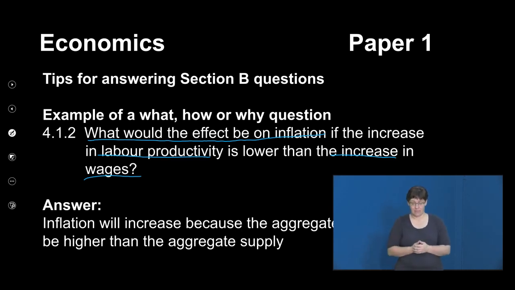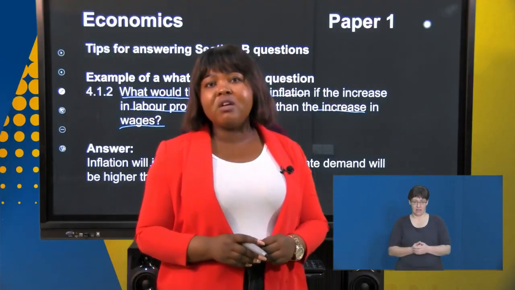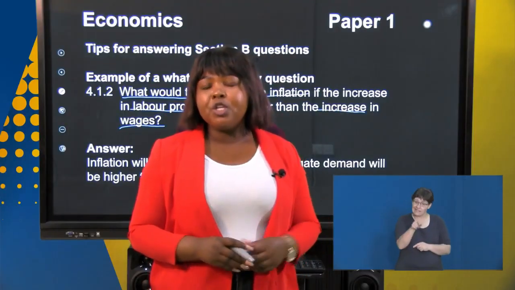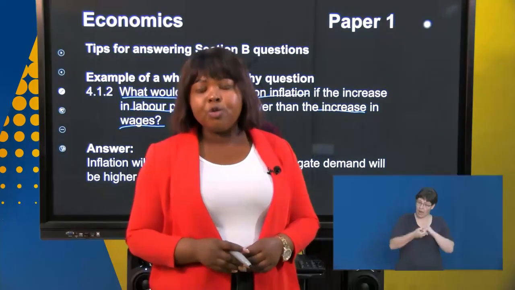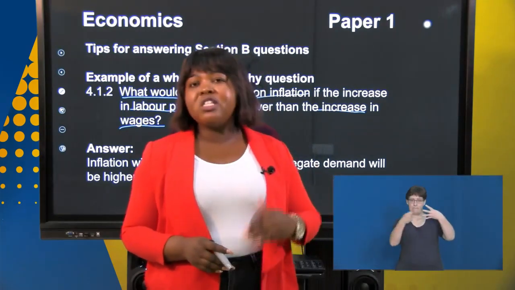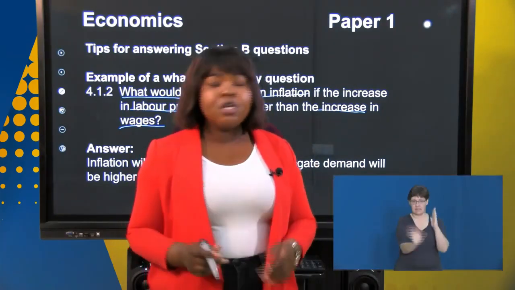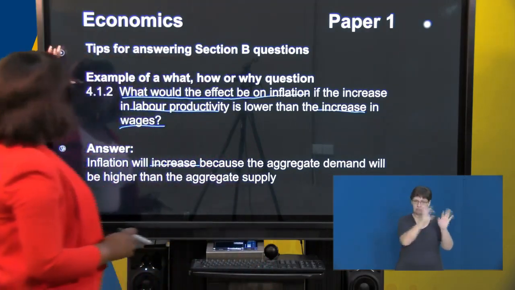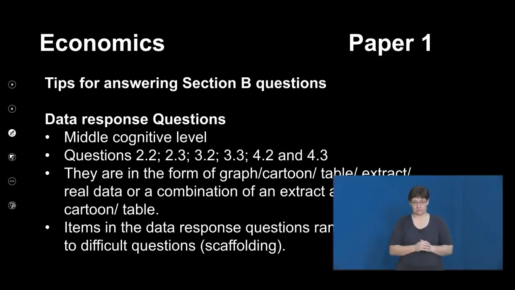Right? My answer is inflation will increase because the aggregate demand will be higher than the aggregate supply. I repeat once again, boys and girls, these types of questions, you need to attempt them in full. Do not write points, do not list, do not just state. You need to make sure that your answer is in full.